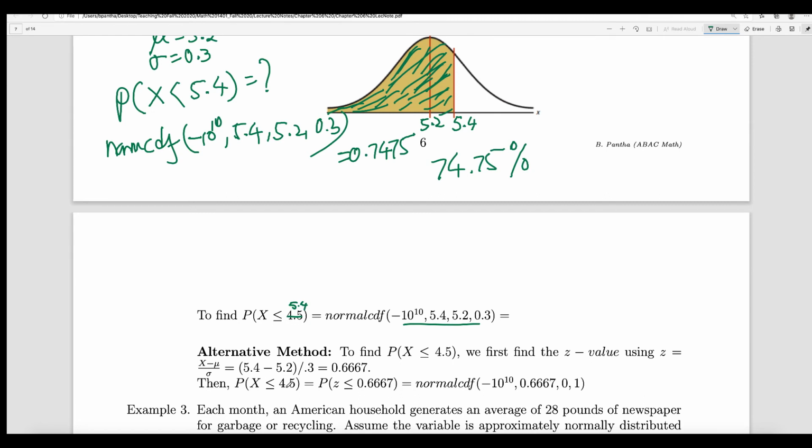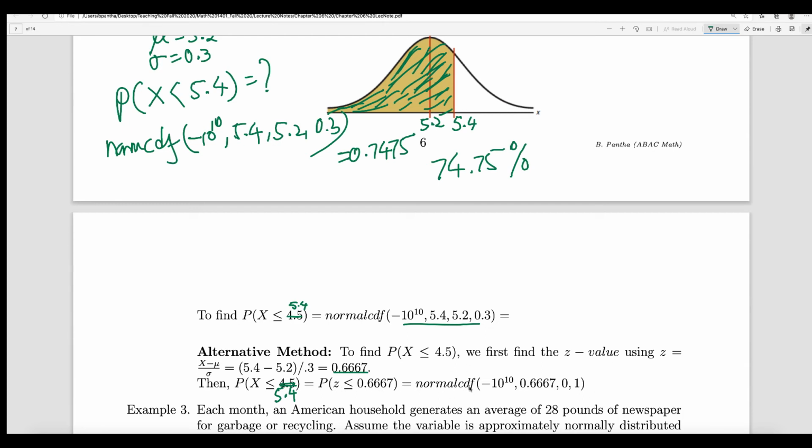Okay. Now, how do you do that? This was the direct method. Now we're going to do the G value method, meaning we need to find the G value first. So G is x minus mu over sigma. x is 5.4, mu is 5.2, over sigma 0.3. If you do that, you will get 0.6667. Then x less than 5.4 is the same as saying G is less than or equal to 0.6667.